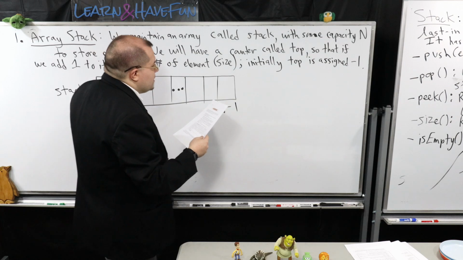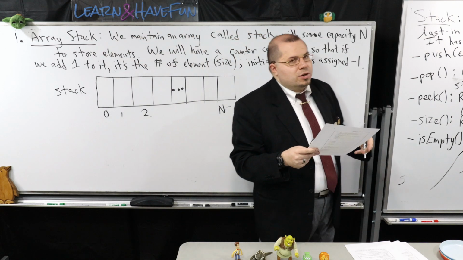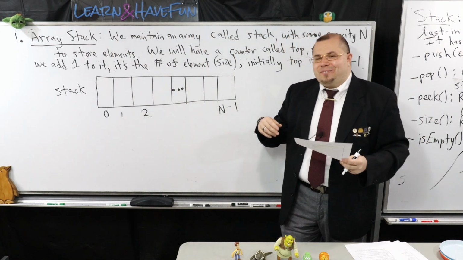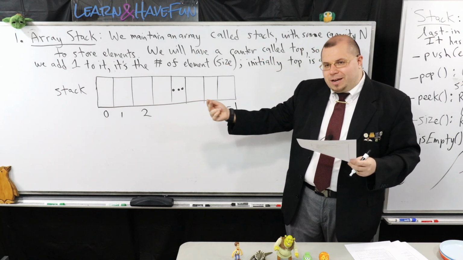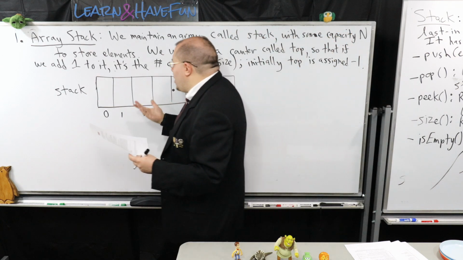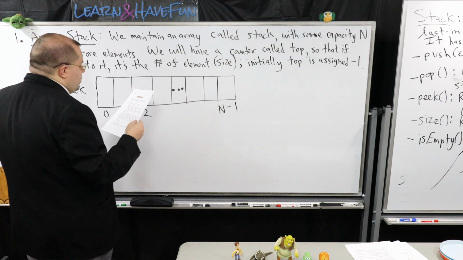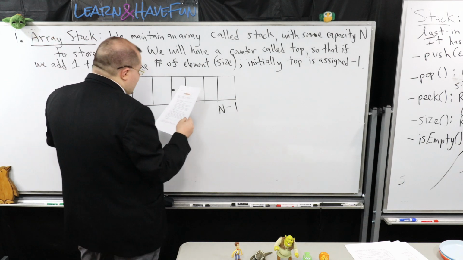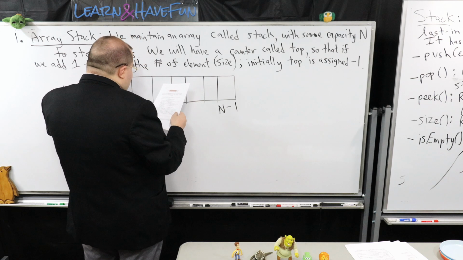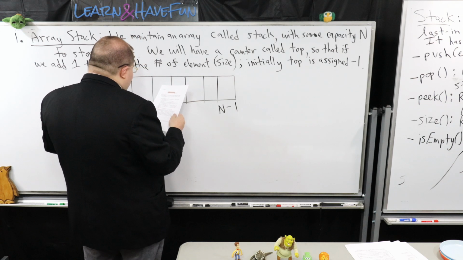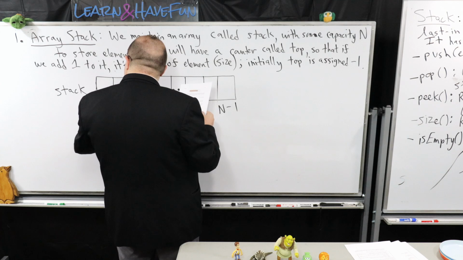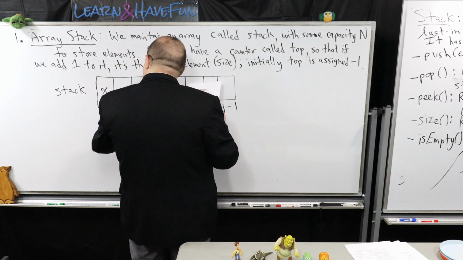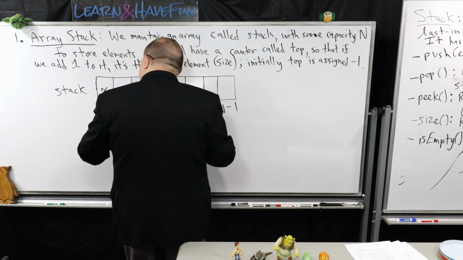For example, if top is currently -1, right now it's empty. So if I do a push operation, I add 1 to it, and then I put it in the spot which is top.